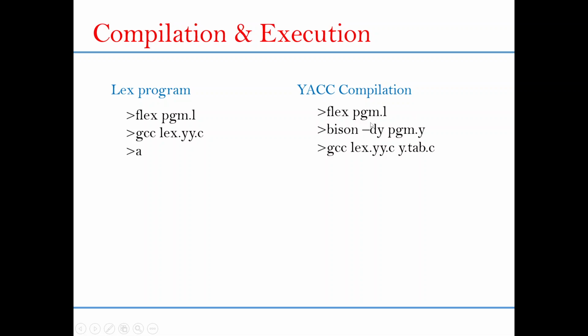Once compiled, program.l generates lex.yy.c, and program.y generates the Bison output y.tab.c. These two will be compiled with the help of GCC, and finally you will get the a.out file. We will check some example programs in future videos so you can understand more easily.